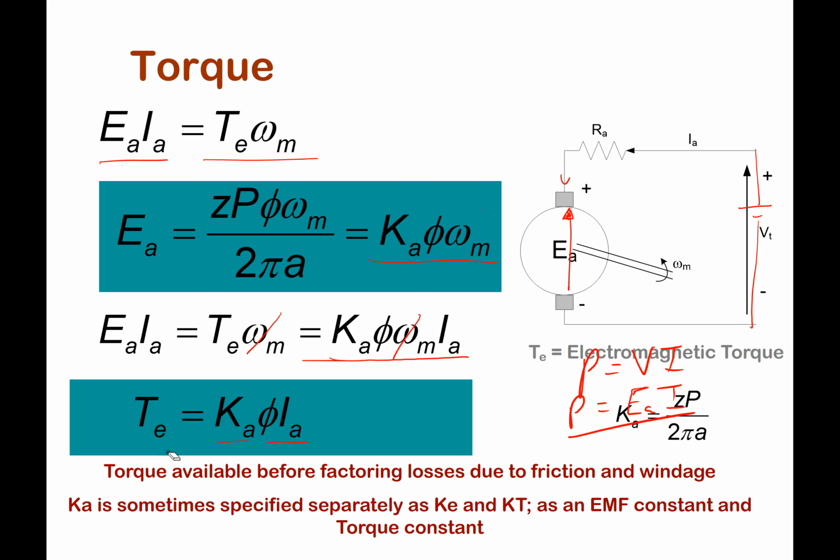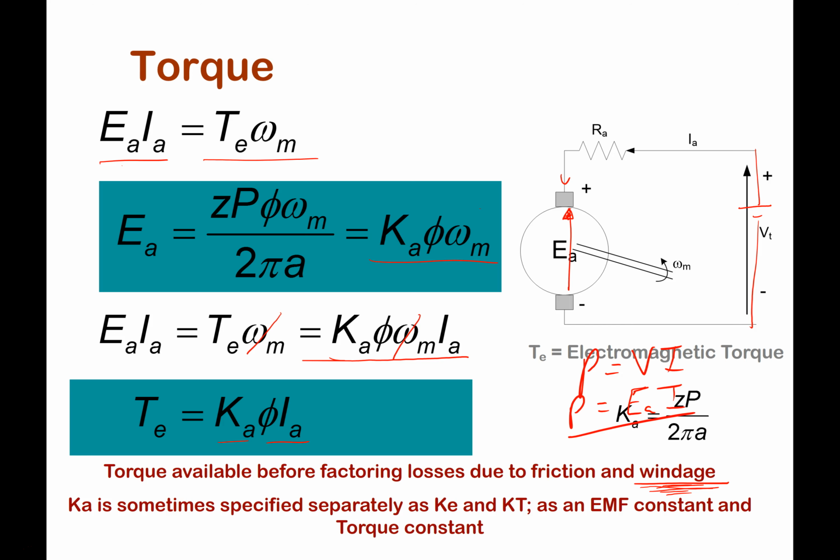The total mechanical torque that will be available, you would have to subtract the mechanical losses such as friction and windage. Not windings, it has nothing to do with the windings. This has to do with the wind, the air. So friction and windage, this is just the air resistance when the thing turns, which is also a kind of friction.